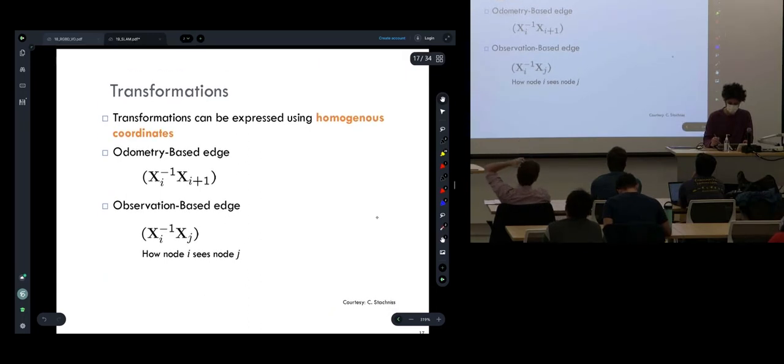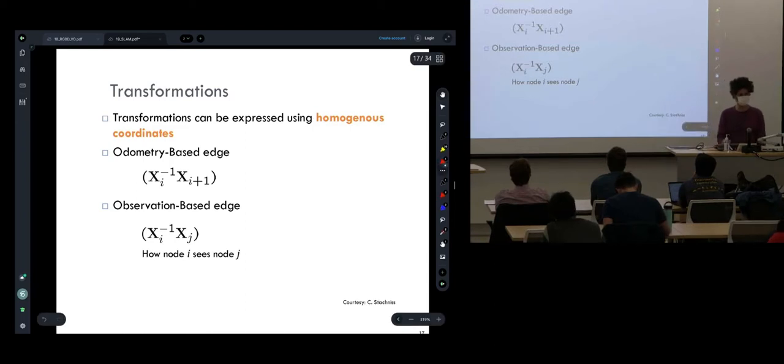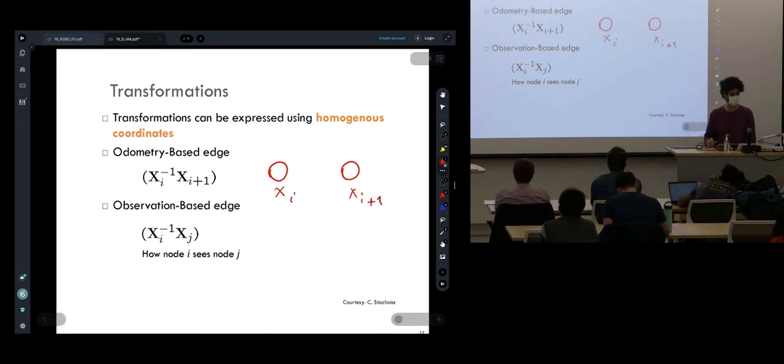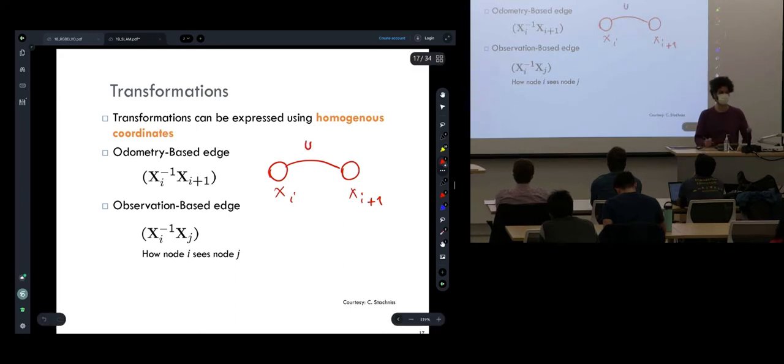In practice, the odometry is related to nodes this way: xi is my state variable, and I want to estimate it. xi plus 1 is also my state variable, and I want to estimate it. The edge is some sort of measurement, u.